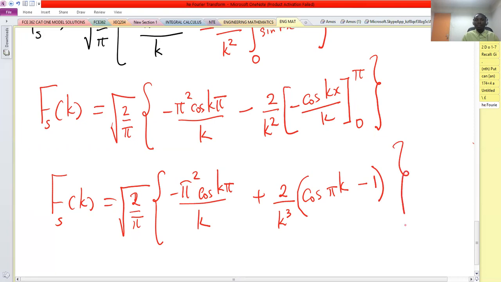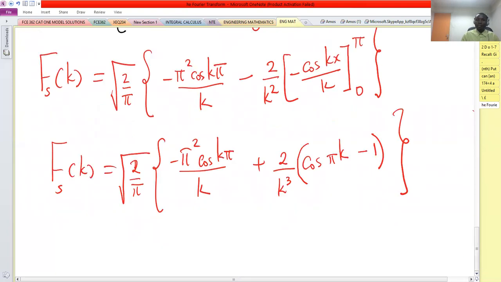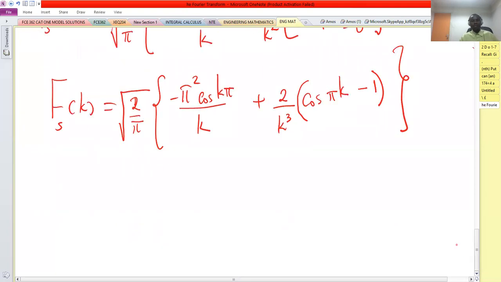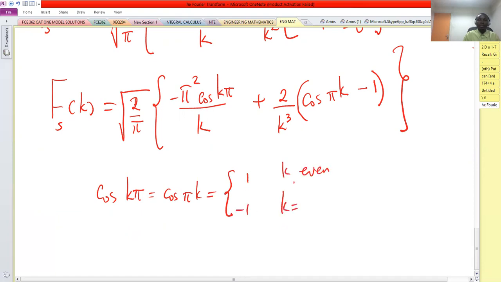This is the solution that I have. But remember, cos k pi has two values: 1 when k is even and minus 1 when k is odd.